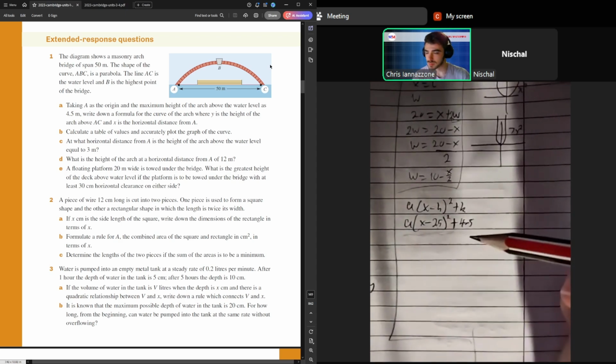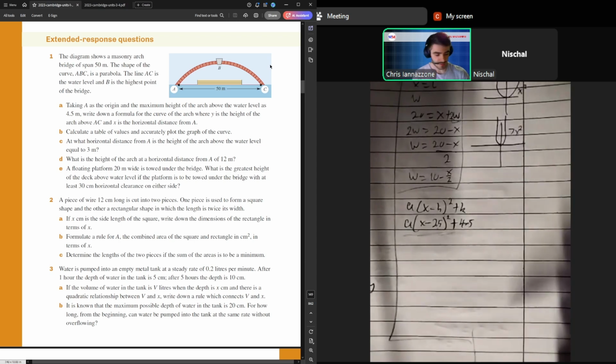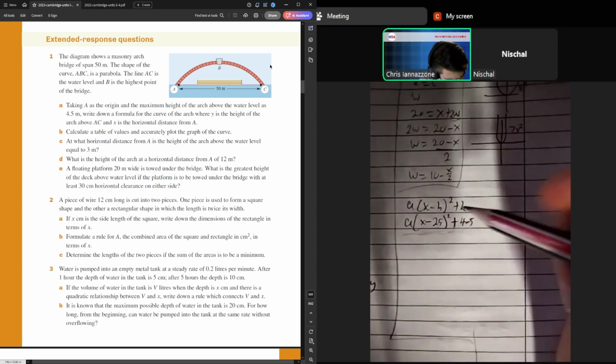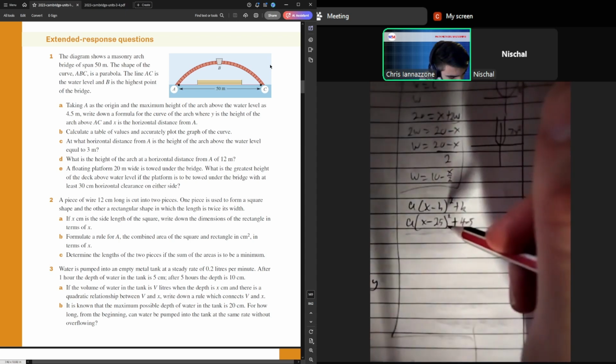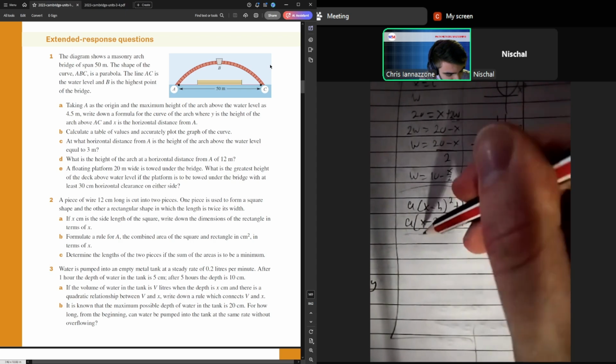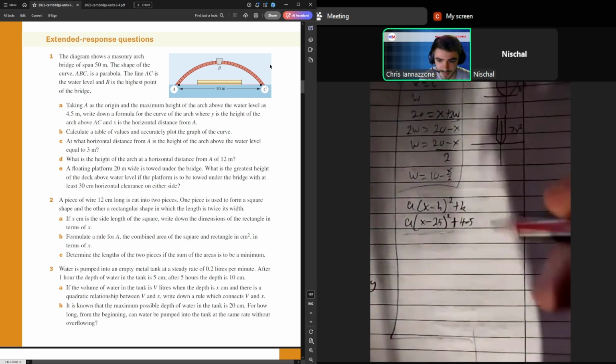The next natural thing would be to choose either x or y to sub into here, and that will eliminate the x and the y, and then you'll only have a in that equation, so you could solve for that. The easiest one here is the point 0, 0. You could alternately sub in 50, 0. Either of those would work. In fact, in this case they'd be the same thing, because 50 minus 25 or 0 minus 25 is still going to be basically just 25 squared.